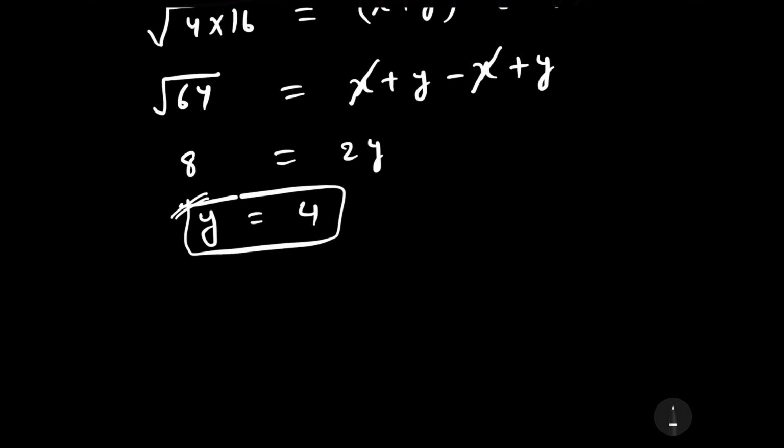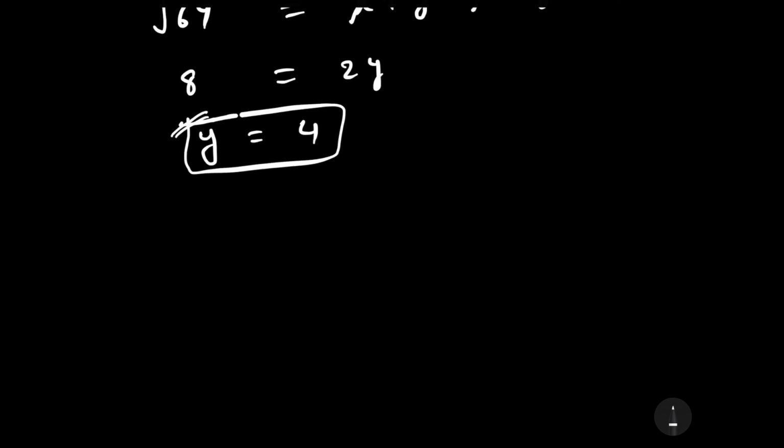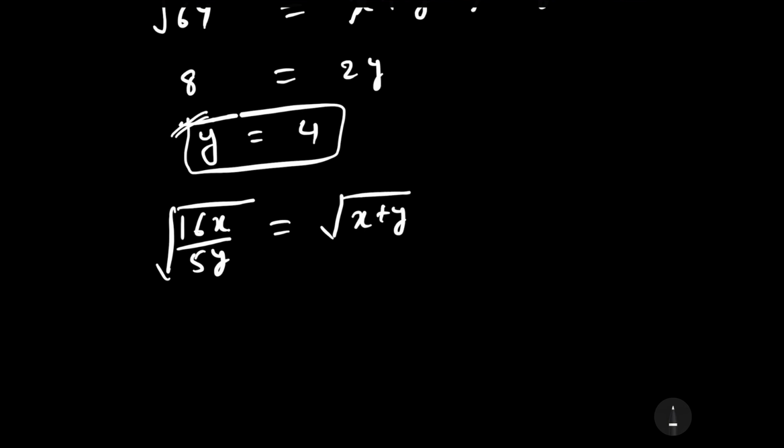Now putting the value of this y in the second equation. What is our second equation? That is square root of 16x upon 5y is equal to square root of x plus y minus square root of x minus y. Now we will put the value of y in this equation to find the value of x.